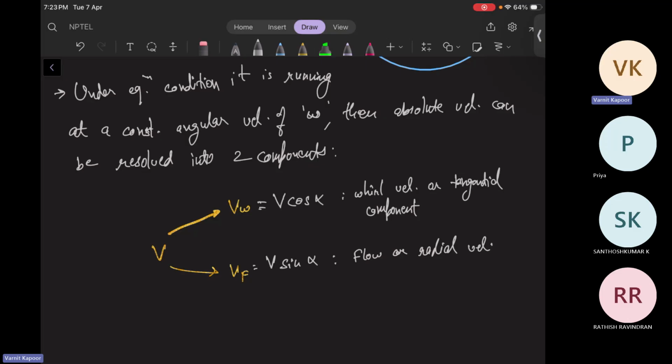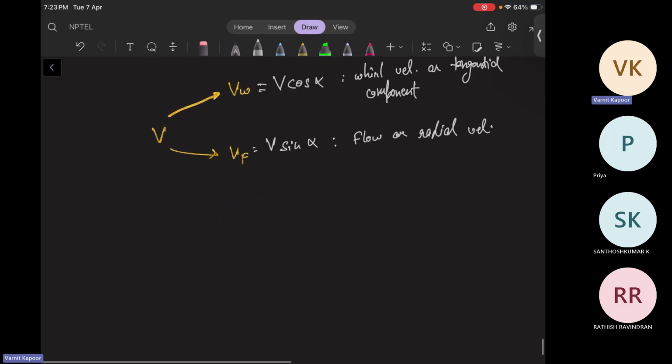The radial component ensures that the stone maintains a circular motion, whereas the tangential component maintains the speed of that circular motion. Okay. And v is nothing but your absolute velocity.